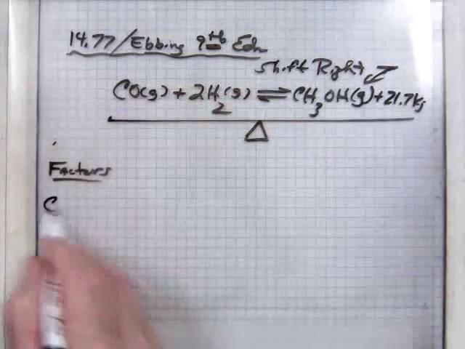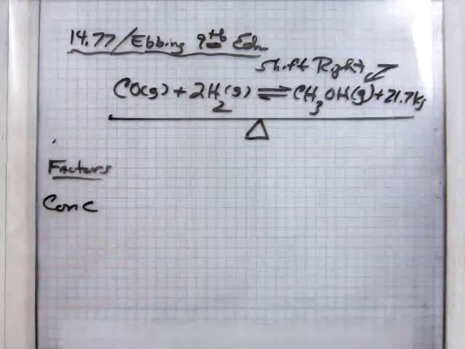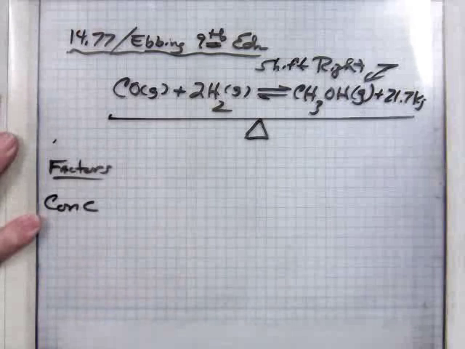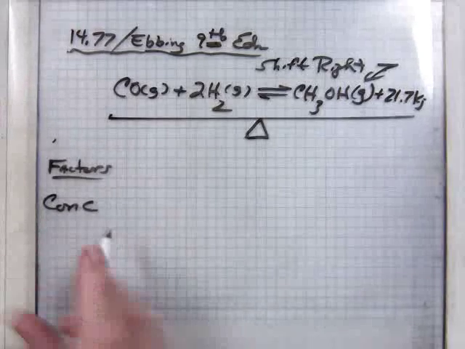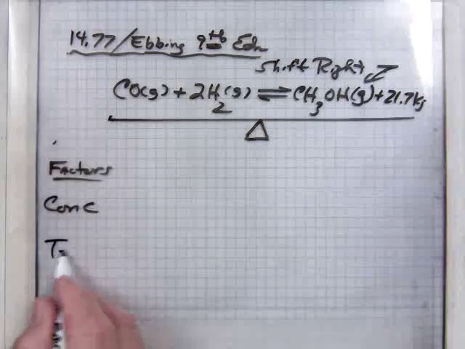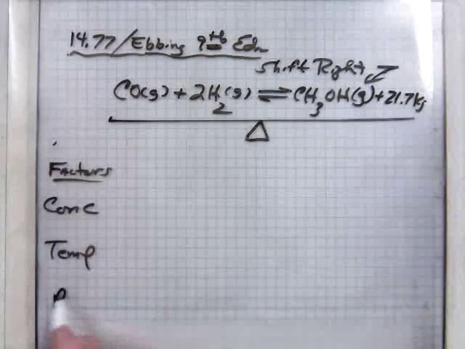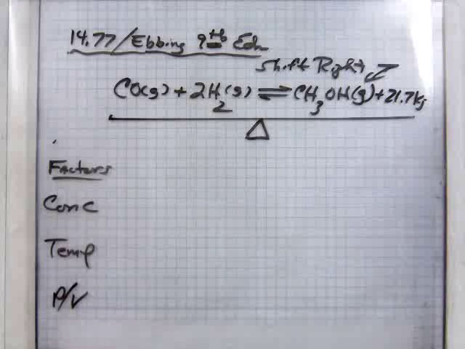So I want to look at concentration effects. What would I apply to this reaction in terms of the seesaw effect as it applies to the concentration rules? Okay? Temperature effects. Would I run it at a cooler temperature or a higher temperature to make more methanol? Or what about your pressure volume effects? Would I run it at a higher pressure or would I run it at a lower pressure?